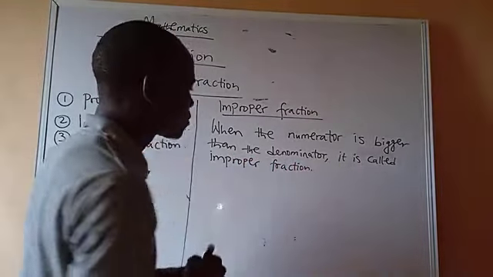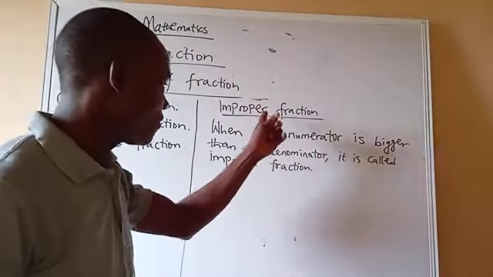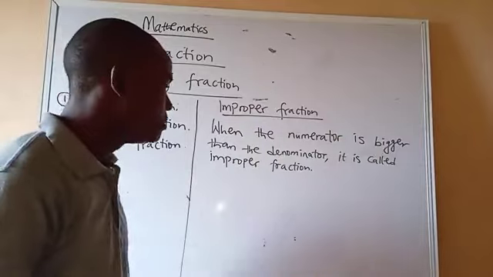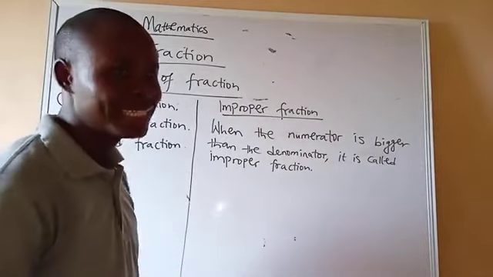Do you understand? Proper fraction means numerator smaller than the denominator. Now, improper means numerator bigger than the denominator.